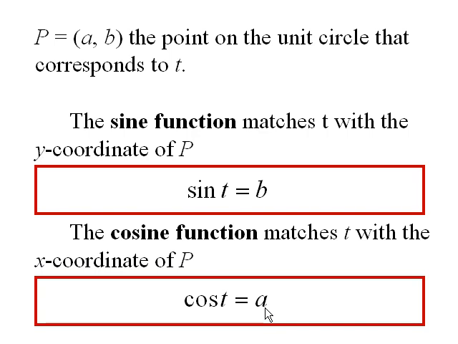And a, the x-coordinate, is the side adjacent in that triangle that gives the cosine of the angle. So just from drawing a triangle and a point on the circle, you can read off values of the trig functions directly as the coordinates of that point.